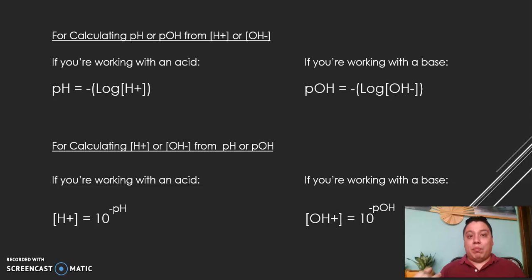You can find pH. You can find pOH. It's just a matter of playing with the formulas and knowing what is given to you in the exercise. So, please copy this and try to organize it as best as you guys can, because this is going to help you a lot for this lesson.